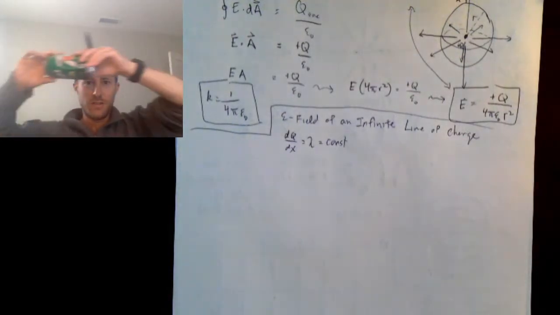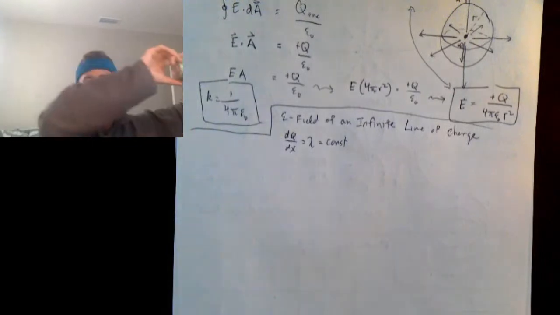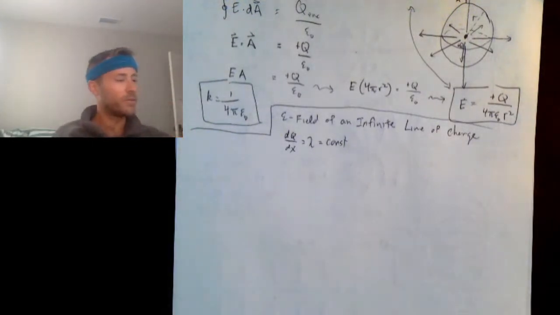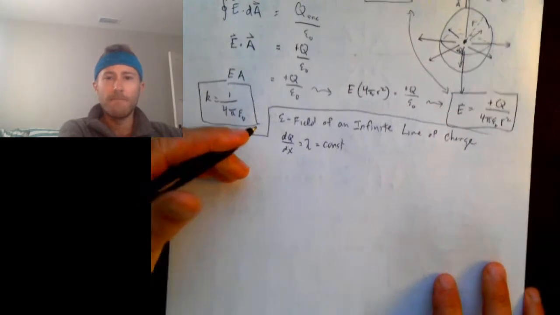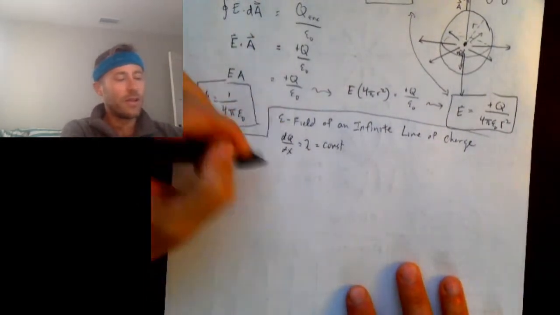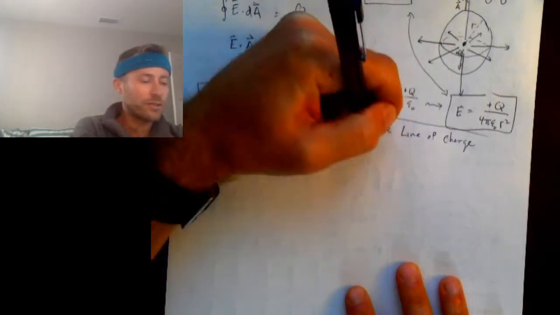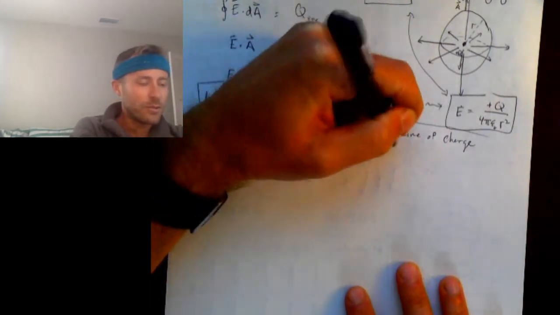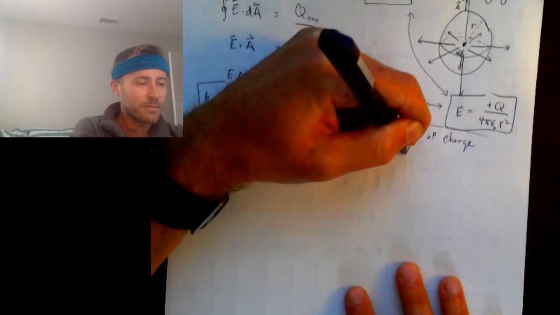Otherwise, it's not symmetrical when you shift it along the axis of the cylinder. So it's a constant, and if we multiply both sides by dx, we get dq equals lambda dx.